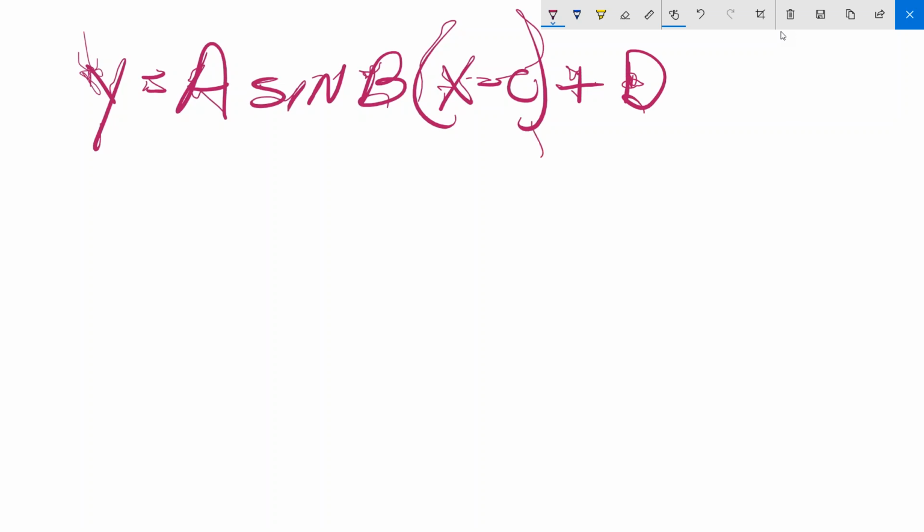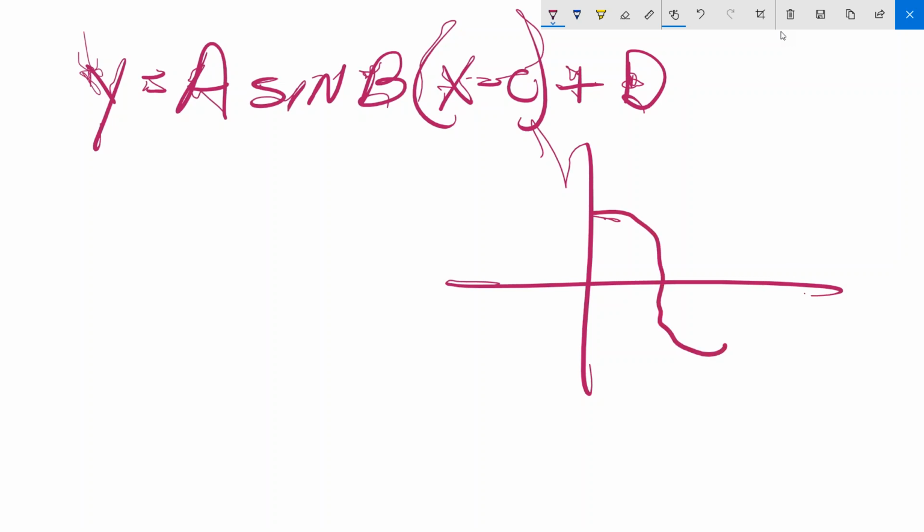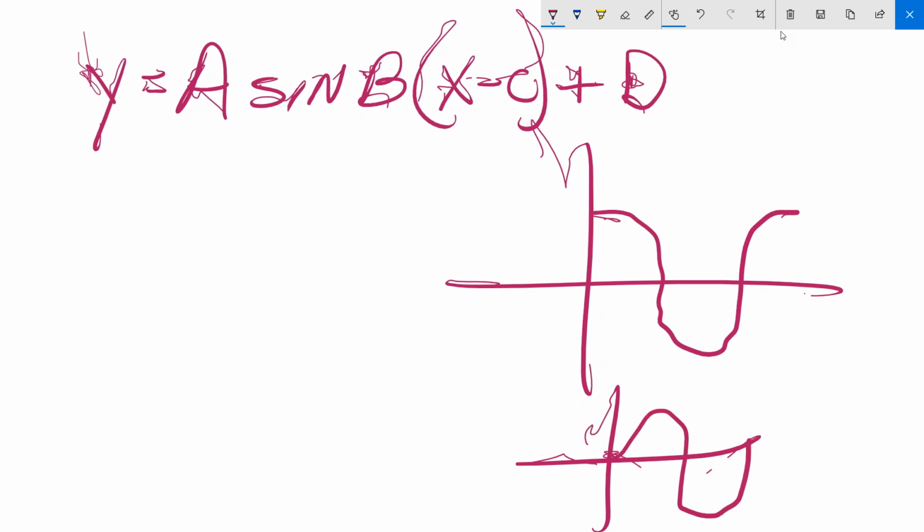The difference is cosine looks like this, and sine looks like this. Unshifted. Neither one of them is shifted. And both go to 2 pi. So the B is the same definition in either case.